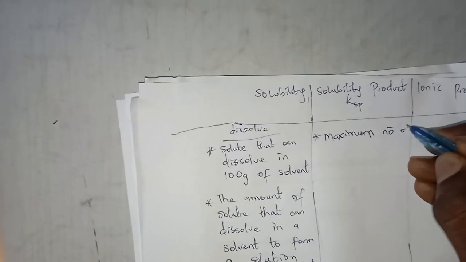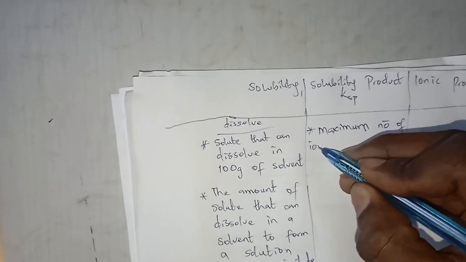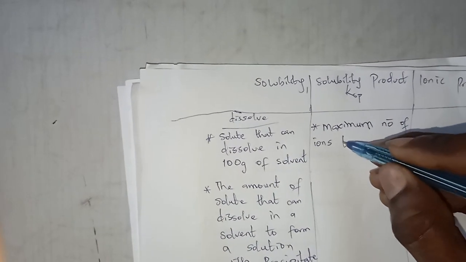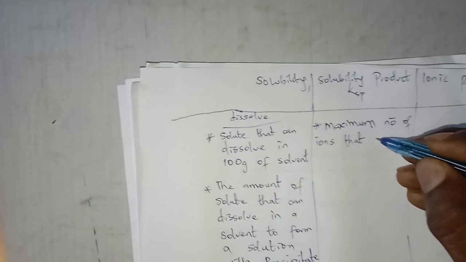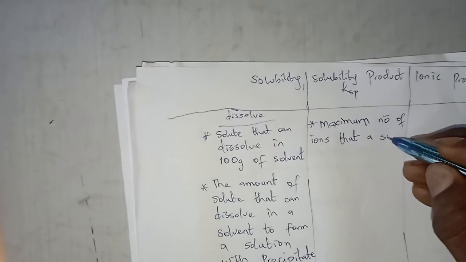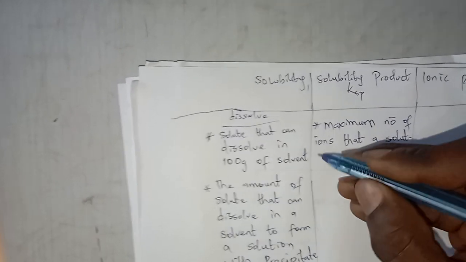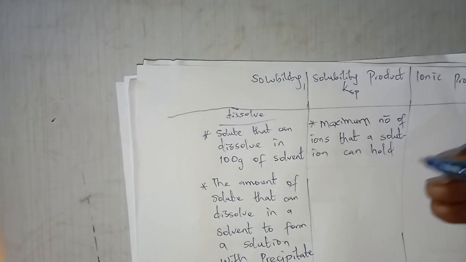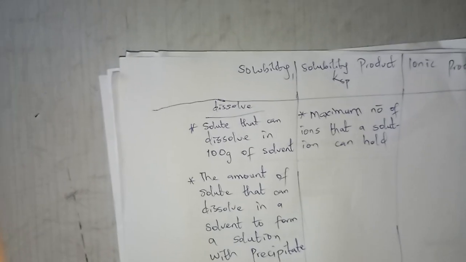So we can say that solubility product is the maximum number of ions that a solution can hold. That is KSP.